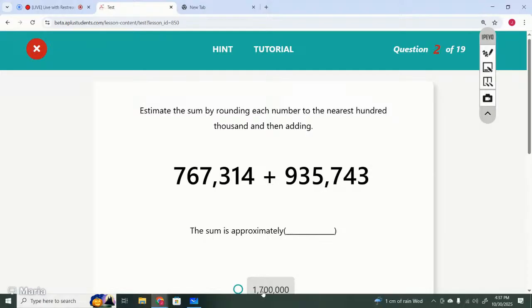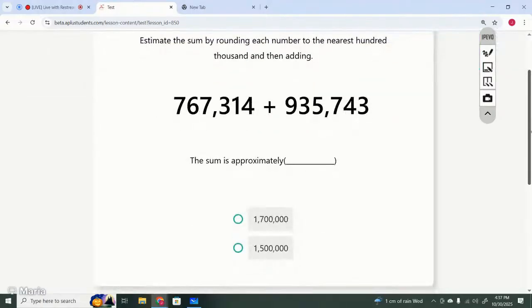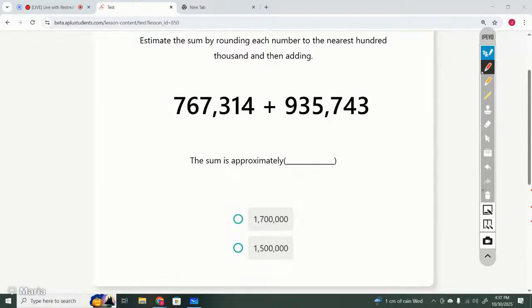76,734 plus 993,507. Estimate the sum by rounding each number to the nearest 100,000. Right next to 7 we have 6, and 6 is greater than 5, so it would be rounded to 800,000.